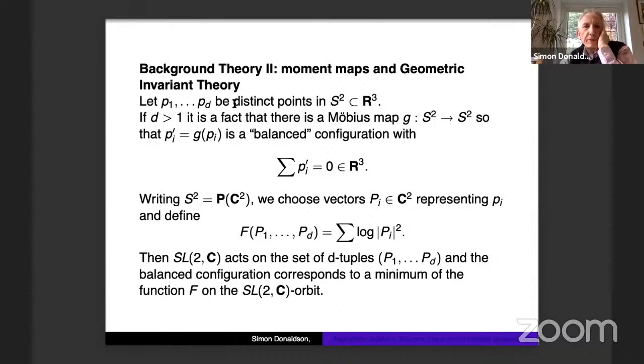So we start with some points p_i, we move them to some points p_i prime. By a balanced configuration, I mean that the center of mass of the p_i prime is 0, where we think of S2 as sitting in R3 in the standard way.